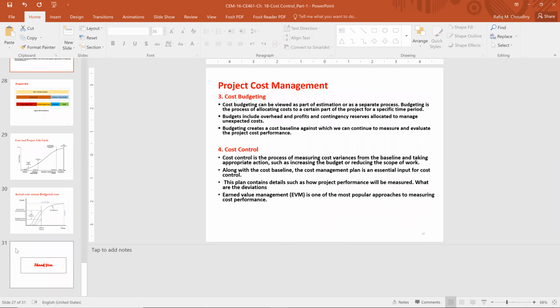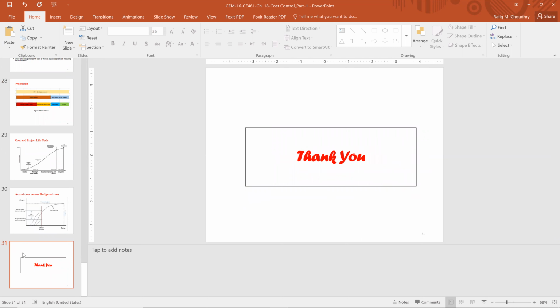With this, gentlemen, we are going to stop here, and we will continue with the second part of this topic, the earned value method.